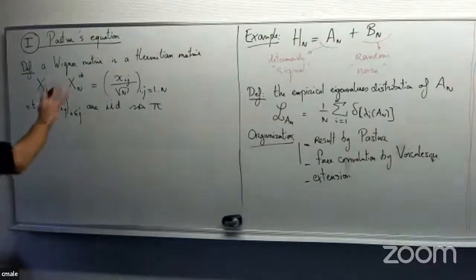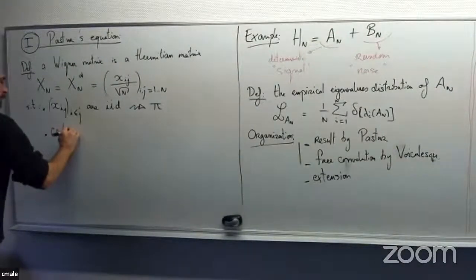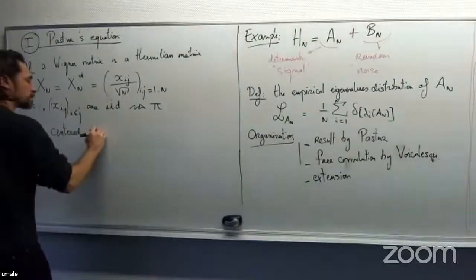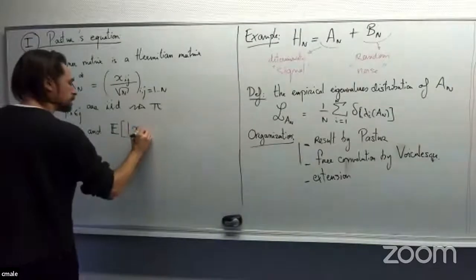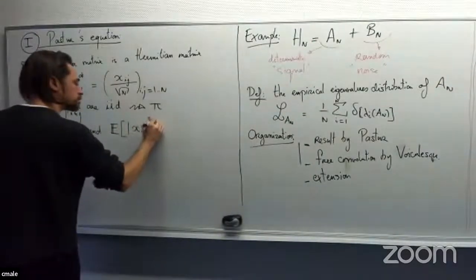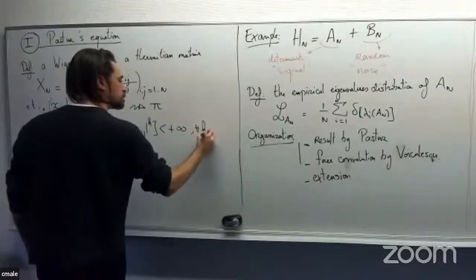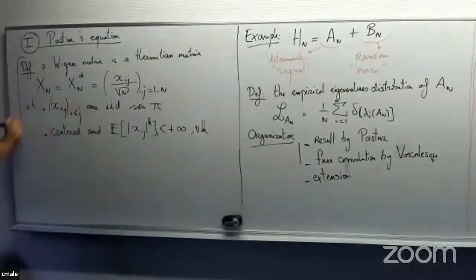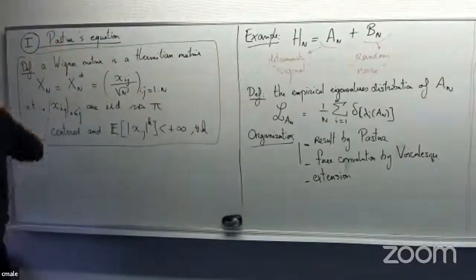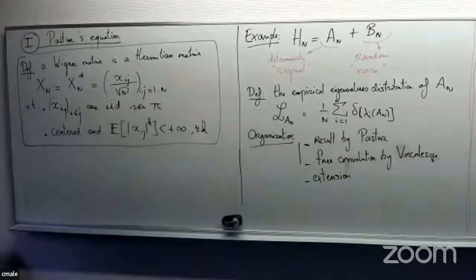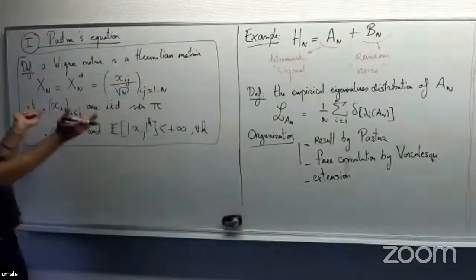And in the context of this talk, we'll assume that these entries are centered and they have finite moment of all orders. So this is typically a matrix of noise, and it just fulfills the Hermitian or self-adjoint symmetry.